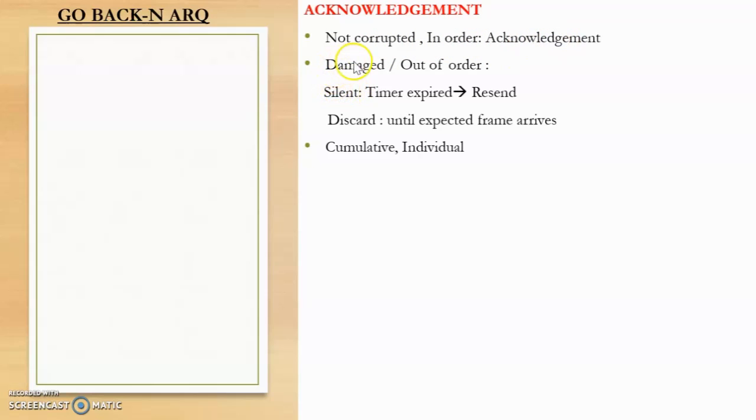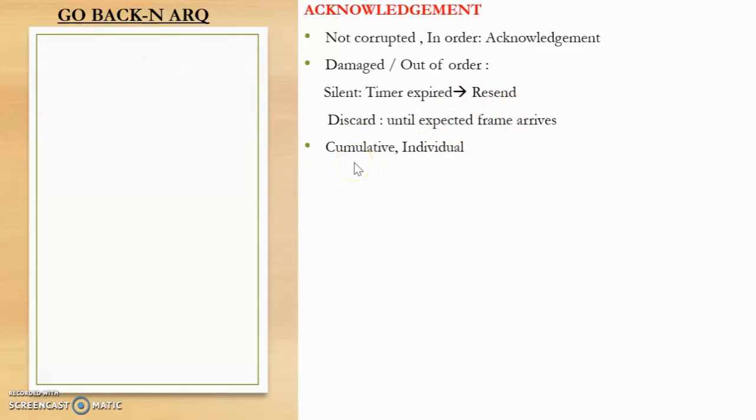But suppose the frame is damaged or corrupted, or the frame is out of order, then the receiver will be silent. Silent means the receiver won't do anything. If the receiver is silent, then after some time the timer will expire and the sender will resend the frames. This way the receiver will discard all the frames until it receives the expected frame.